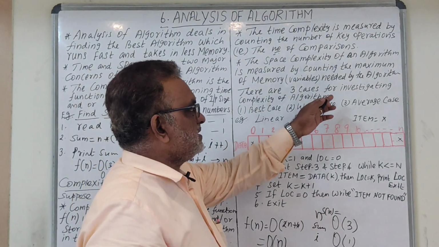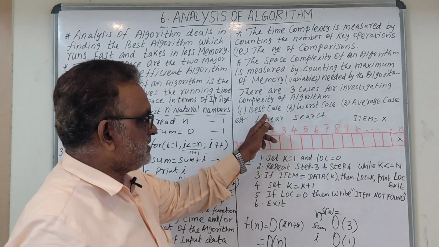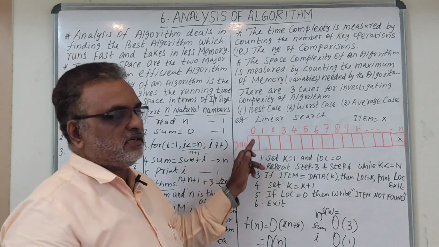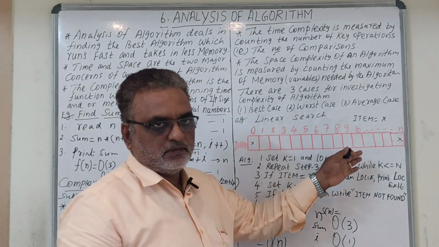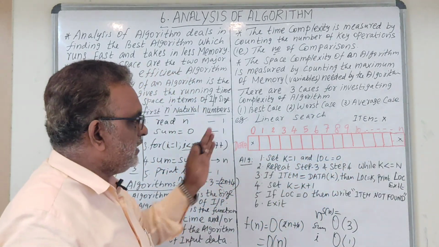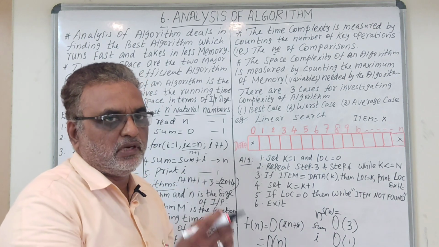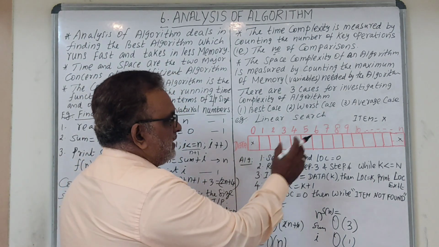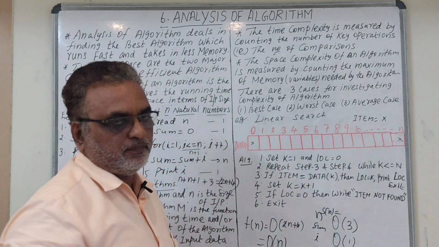There are three cases of investigating the complexity of an algorithm: the best case, worst case, and average case. So consider the problem of linear search. We have a list which contains many data values, in which we want to find out whether a given value is available in the list or not. Let us consider the given item is available in the first location itself.